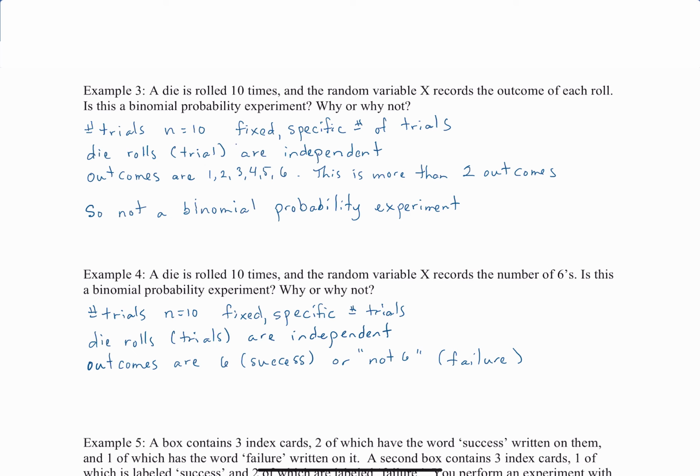And then last, we need to know that the probability of success in each trial is always the same. And the probability of success is 1 over 6 in each trial. So yes, this is a binomial probability experiment.